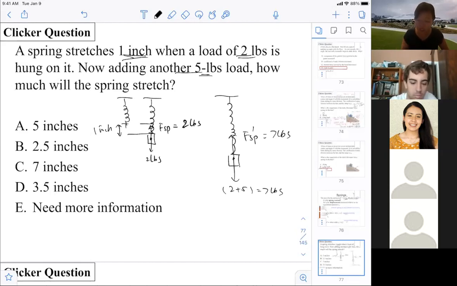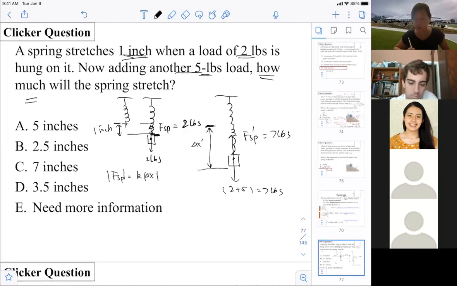Okay, so now it's being stretched even more and we want to know how much it is being stretched right now. How much it is stretched is again compared to where it was completely relaxed. So we want to measure from here to the beginning, not to where the 2 pounds was, but to the beginning. Now, how much does it stretch? We don't know. So let's calculate it. When it was at 2 pounds, we know using Hooke's law, the spring force is proportional.